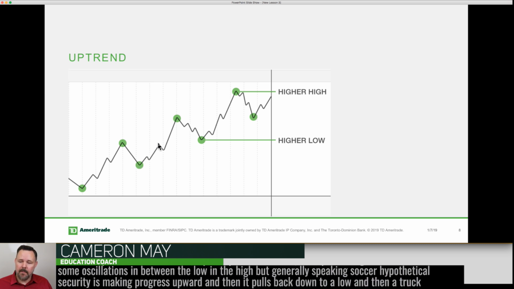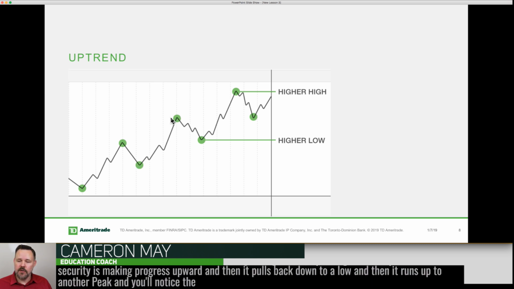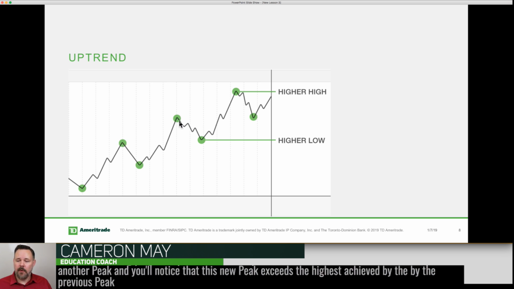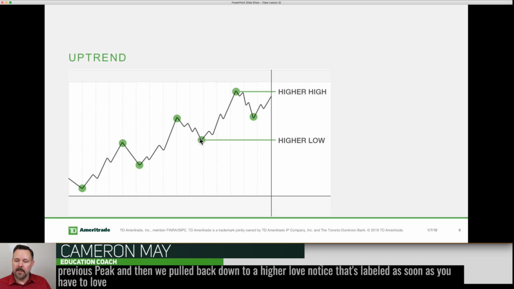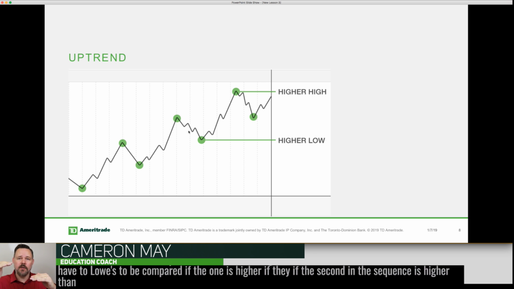And then it runs up to another peak, and you'll notice that this new peak exceeds the high achieved by the previous peak. And then we pull back down to a higher low. Notice that's labeled. As soon as you have two lows to be compared, if the second in the sequence is higher than the first, we call that a higher low.